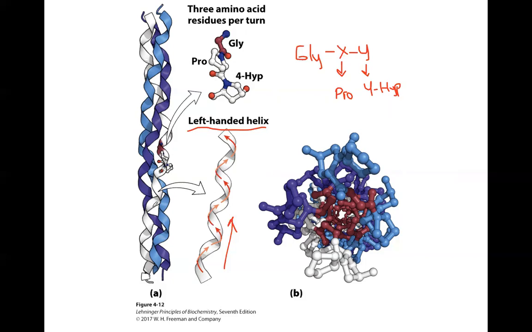And so these are interwound around each other, right? So the 3 left-handed helices are interwound in a right-handed sense. So this is right-handed.